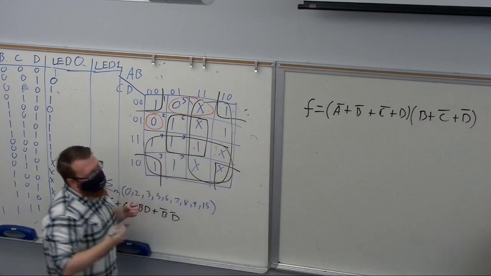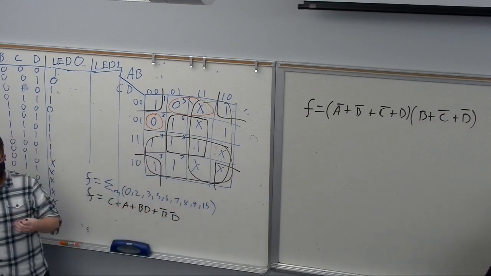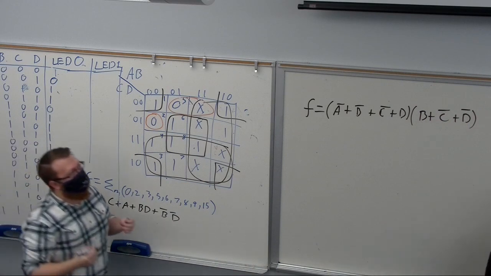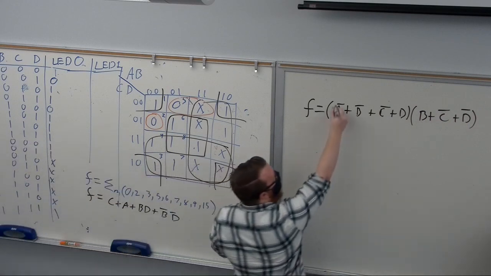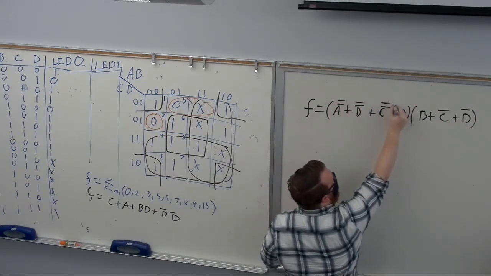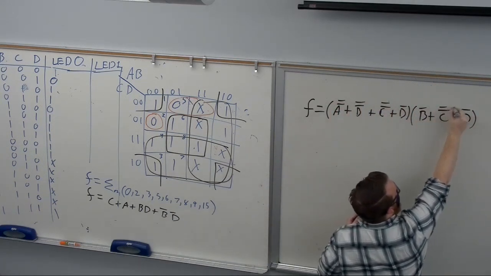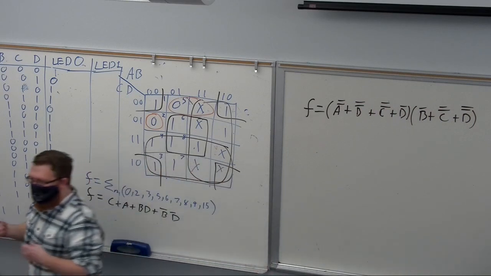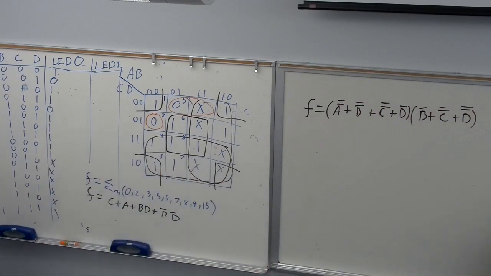Okay, but there's one thing that's not quite right here, because what I'm not interested in is the min terms. I'm looking for the max terms. So I actually go and add a bar to every single one of these terms, because I'm looking for the complement of this. So I find what hasn't changed, and I take the complement of those variables.